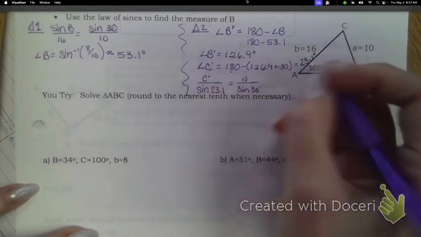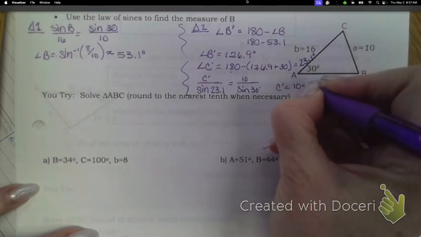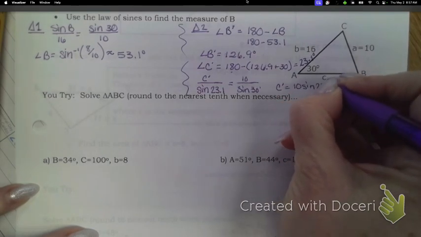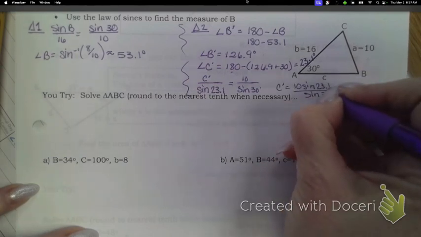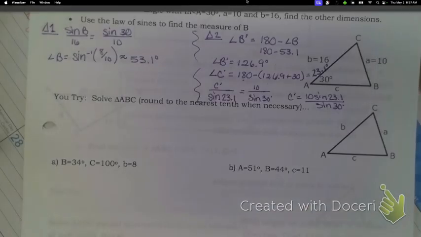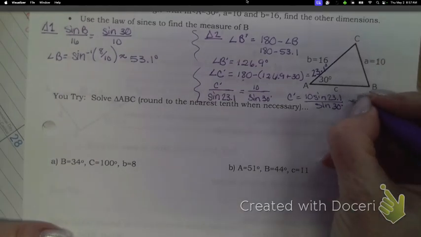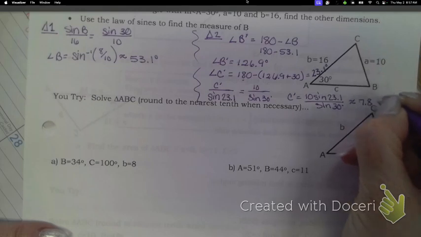And then, so C prime is going to be 10 sine of 23.1 divided by sine of 30. And I get approximately 7.85.